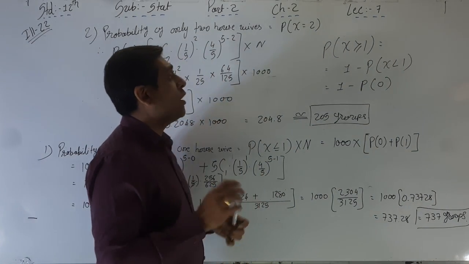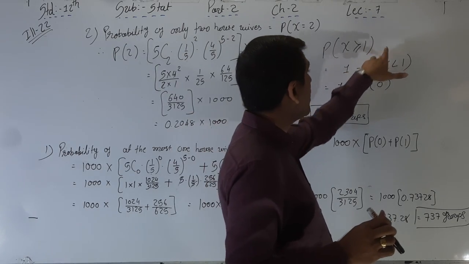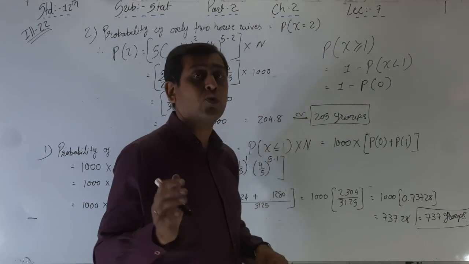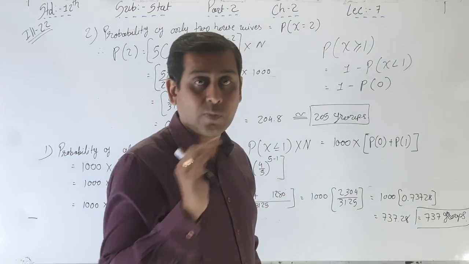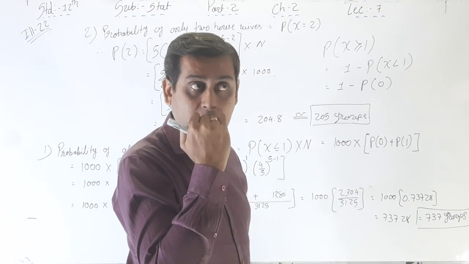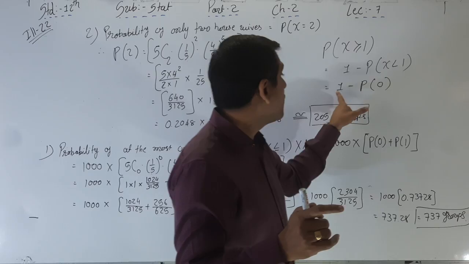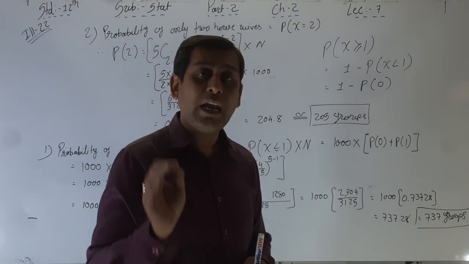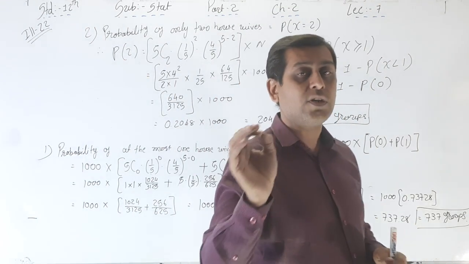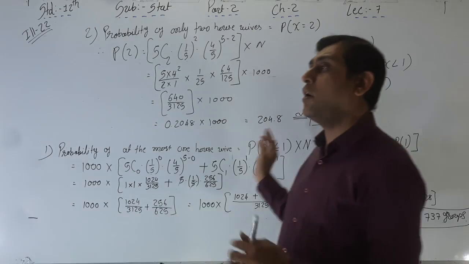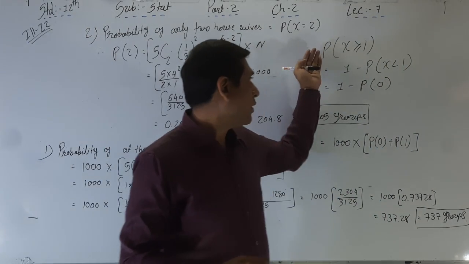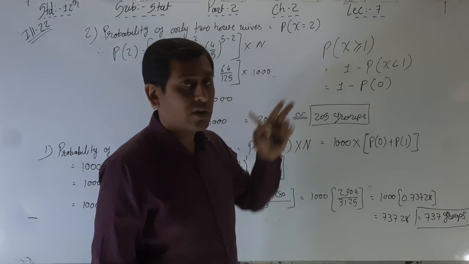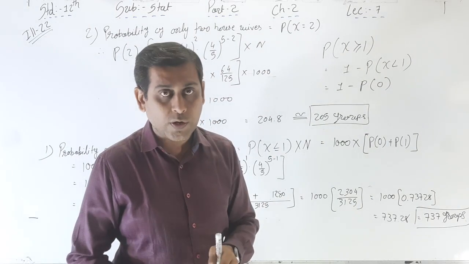At least 1 means 1, 2, 3, 4, 5, so don't find all that. Only find 1 minus P of x less than 1. X less than 1, that is 0. So 1 minus P of 0, and P of 0 is already found in the first question. Just put the value of P of 0 here and find the second answer. So it's very easy. Only the explanation part is this. Okay. So do it yourself.